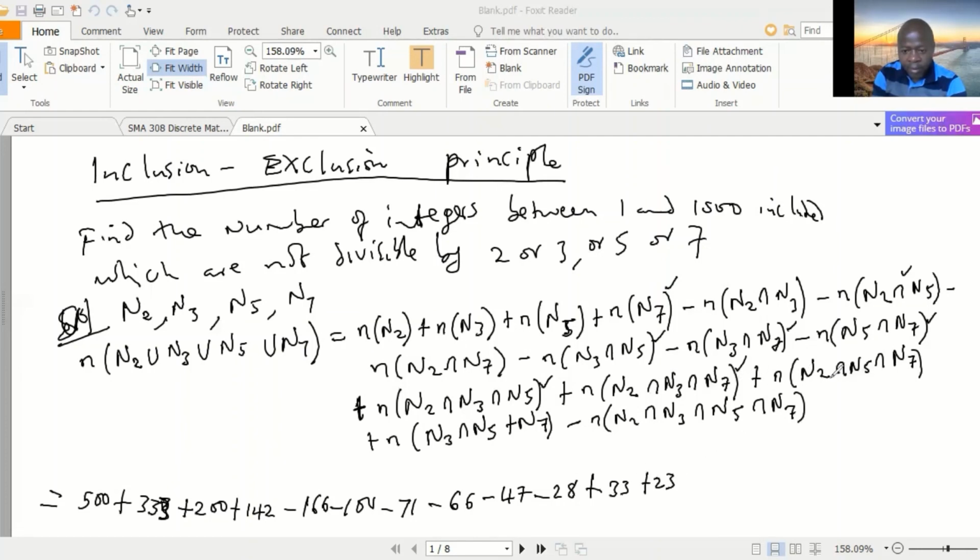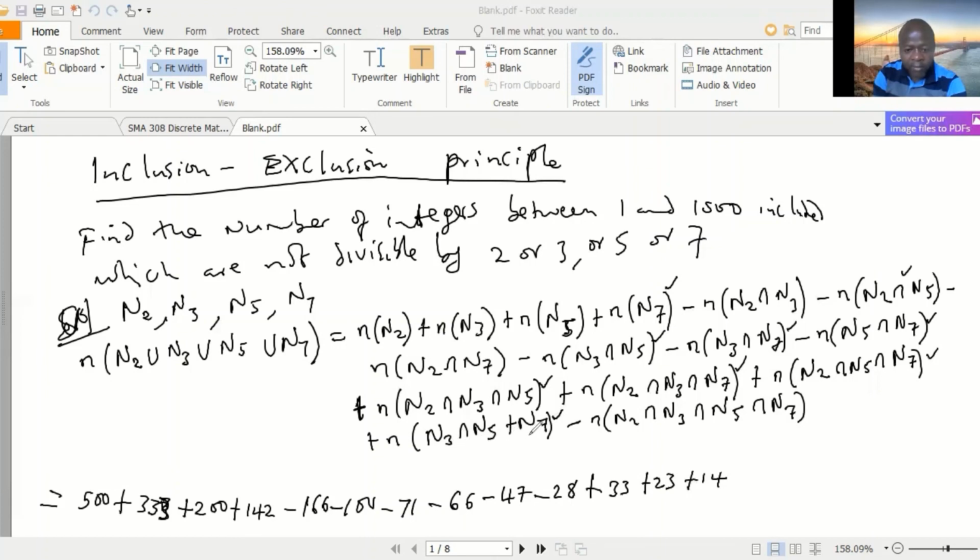And this other one is 70. Divided into 1,000, you get 14. This other one is 15 times that, that looks like 105. Just multiply.